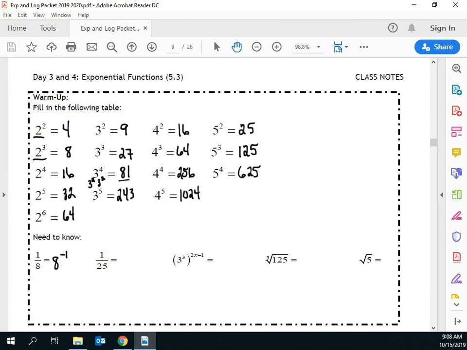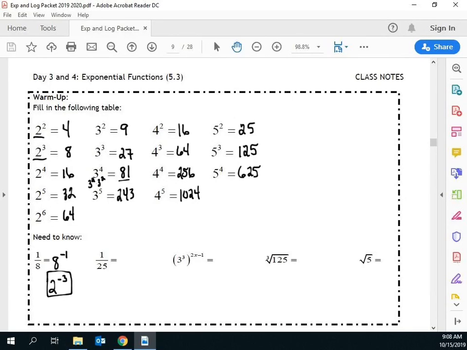So we could actually go in and rewrite this as 2 to the negative 3. So not only do we change to a negative, but we also go ahead and include the 2 to the 3rd as well.